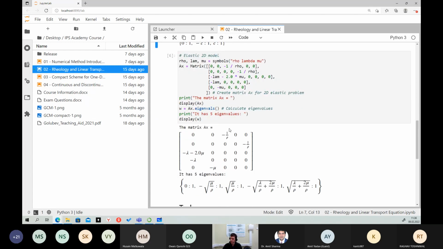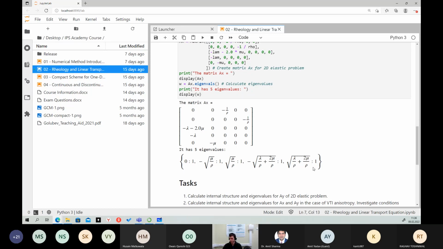If we are speaking about the elastic isotropic medium in 2D, you will obtain, as I put here, 3 different values. One is 0, and the others are plus and minus the velocity of the S wave, and plus and minus the velocity of the P wave.